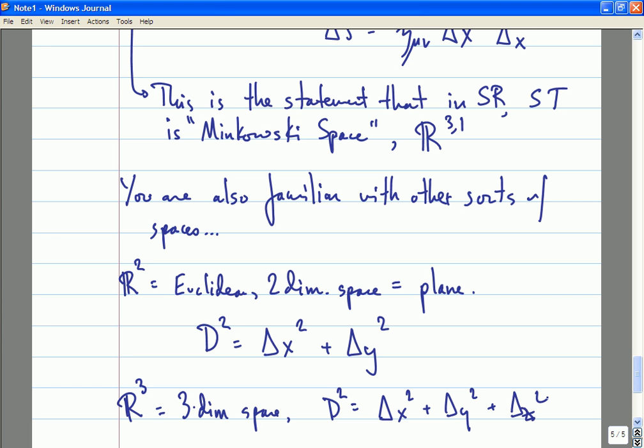And you can see that the symbol R3, 1 makes sense because we now, in special relativity and Minkowski space, have 4 coordinates, but there's a relative minus sign between the spatial and the time coordinates, which is why we use that funny symbol R3, 1.